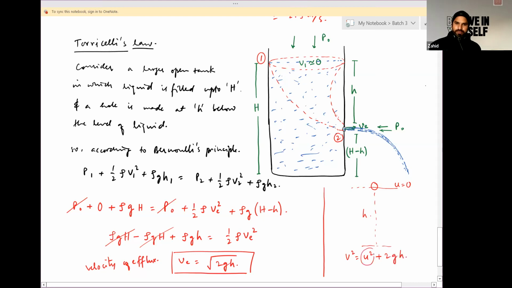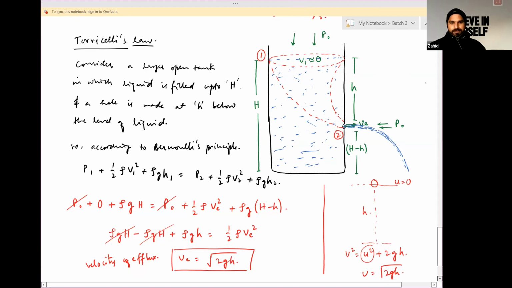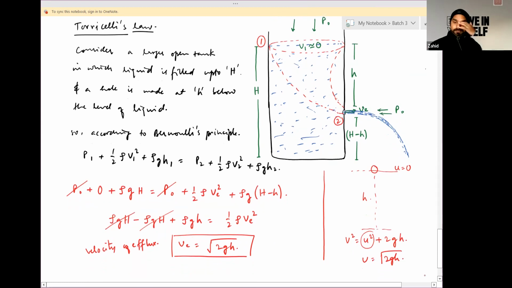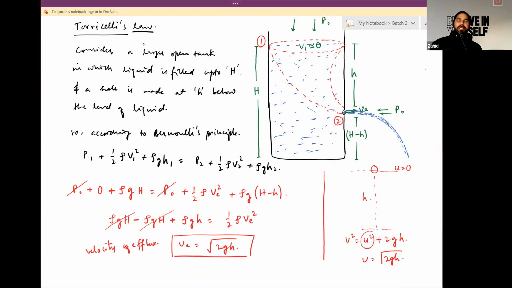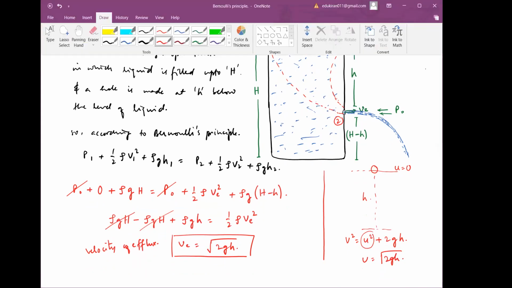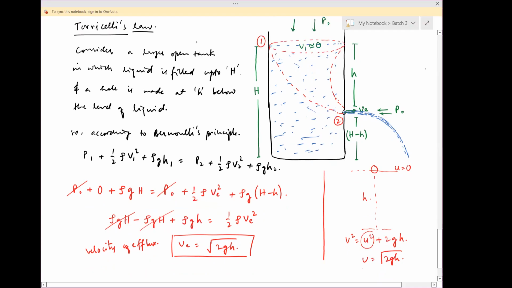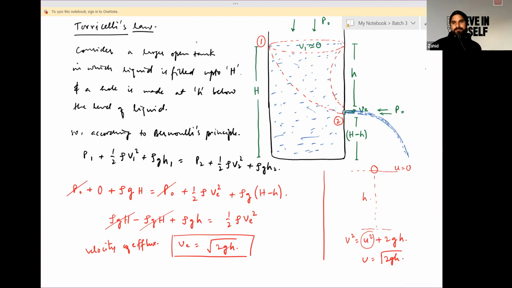Since u is 0, velocity will be equal to root under 2gh. Are these two expressions equal?